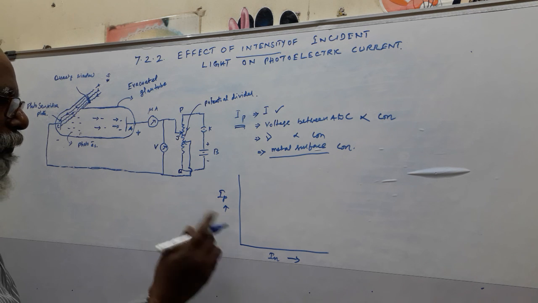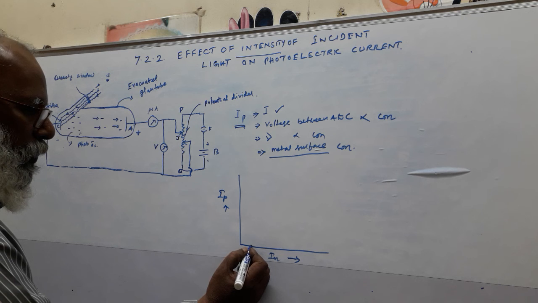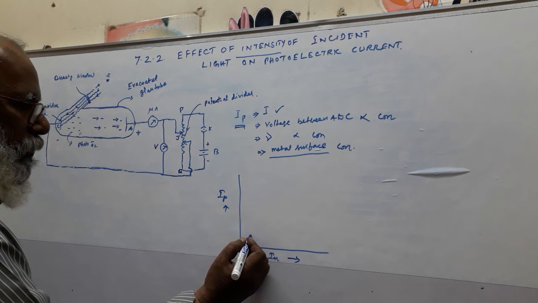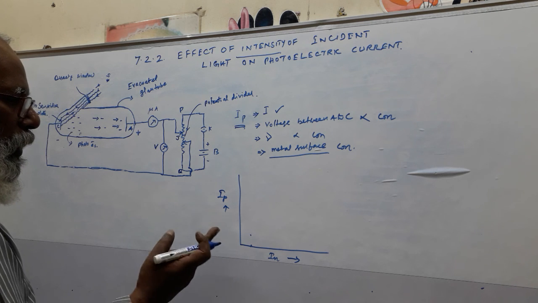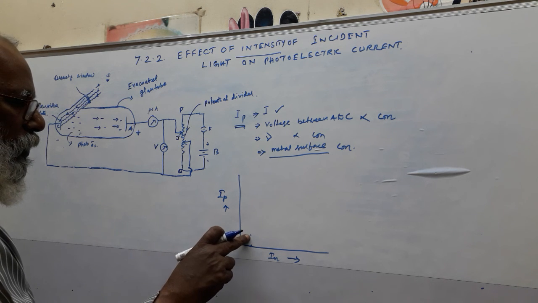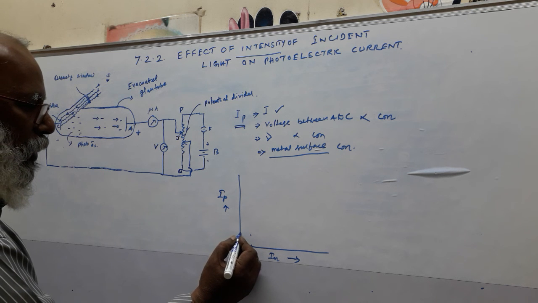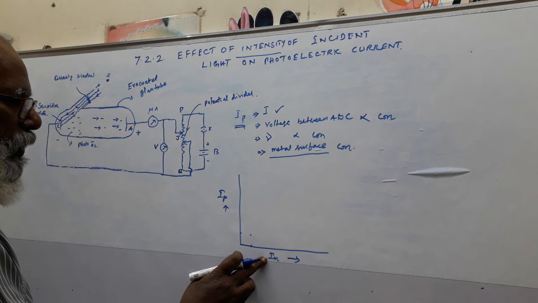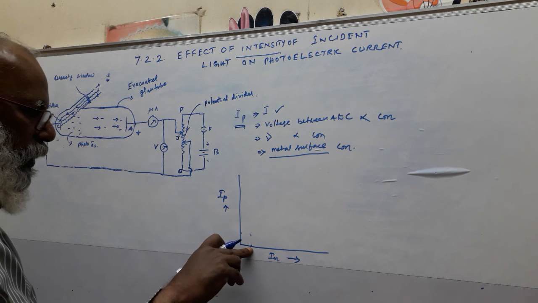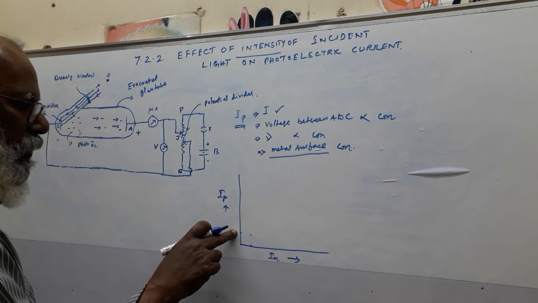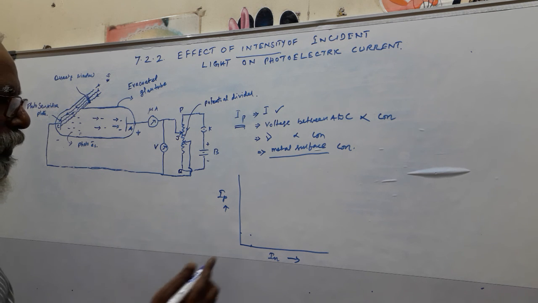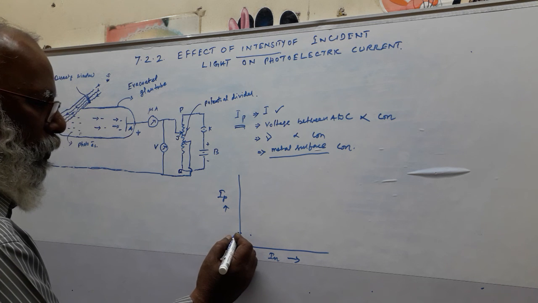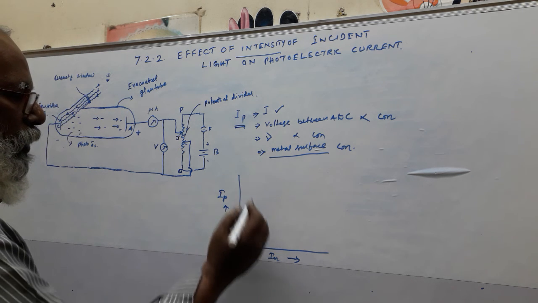Suppose you consider this as the intensity value, then the IP value is a point like this. Whenever the intensity is at this point, IP will be at this point. Likewise, as you increase along the x-axis, IP also increases along the y-axis.